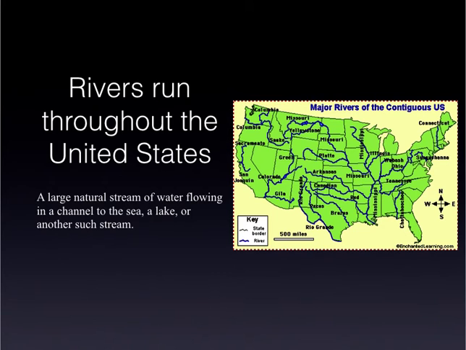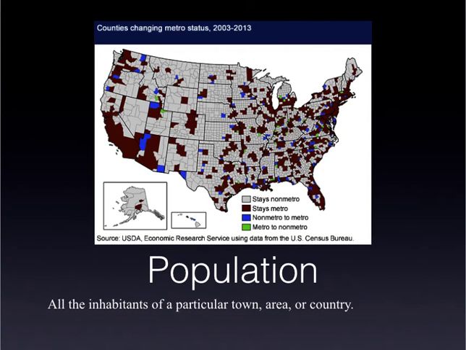So, yep. Now we're going to go into population. Population is all the inhabitants of a particular town, area, or country. So right here it shows little people. The dominant people are over here. The more concentration of people are these red spots. And as it gets darker, that's where more people are.